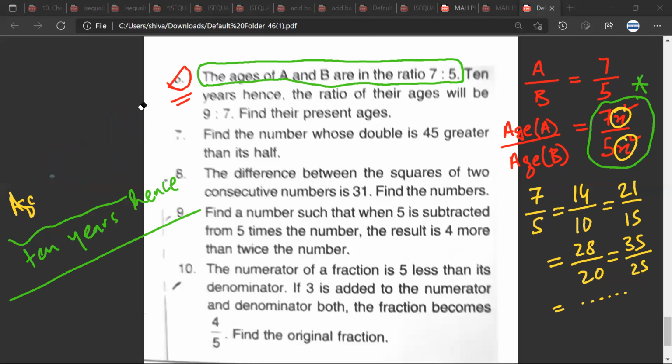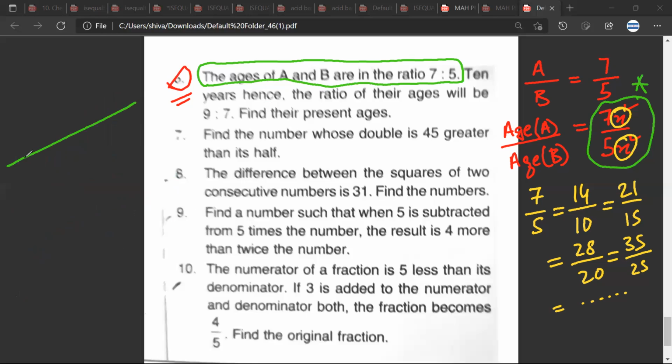The 7x and 5x are the present ages of A and B. So, for example, if this is now, A would be 7x and B would be 5x. But 10 years hence, this is 10 years after.